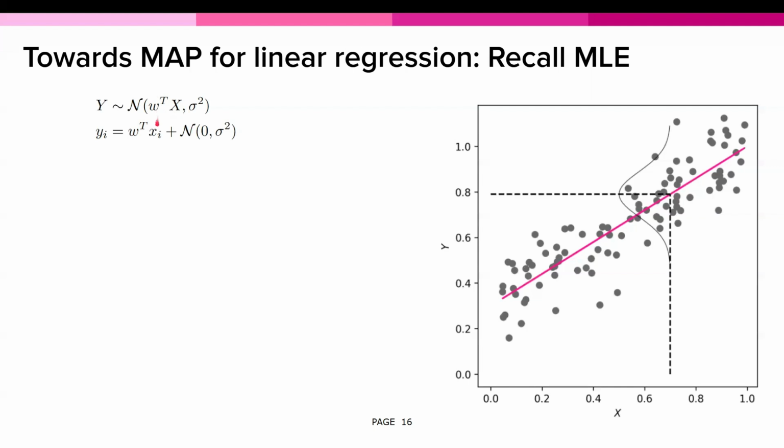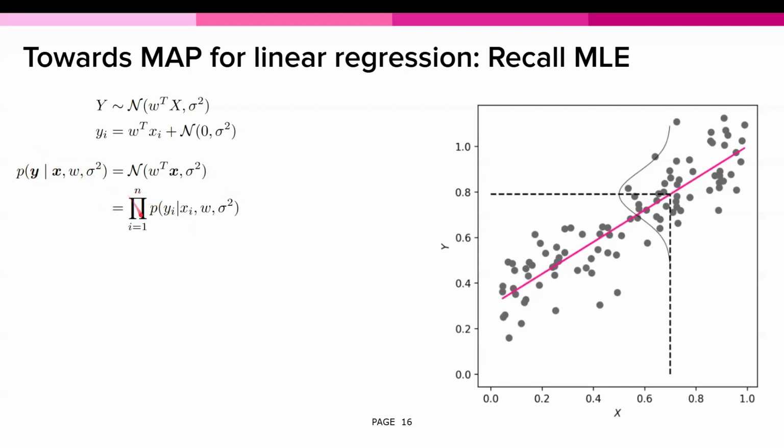We essentially said that each observed value y is generated from this normal distribution centered around our predictive value, plus some normally distributed noise that accounts for the variability around that line. We then took the next step of constructing the likelihood function that captures the probability of observing our data given the parameters w and the variance sigma squared.